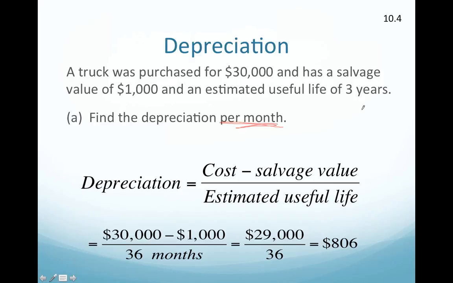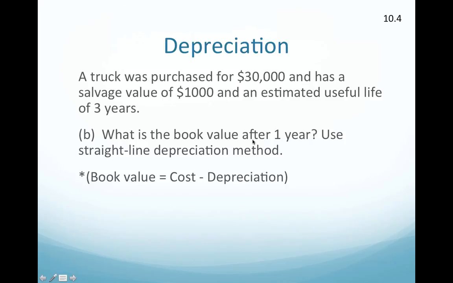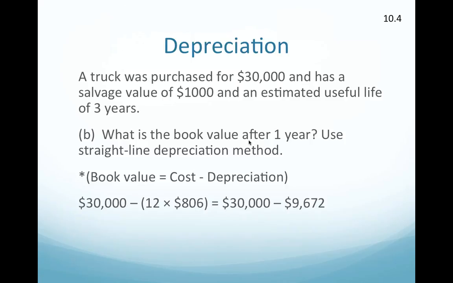Okay, so once we come up with that amount from taking 30,000, subtracting 1,000, dividing it by 3, then we'll divide it by another 12. And dividing it by 12 will give us the 806. Okay, so here's how we figure out our depreciation.